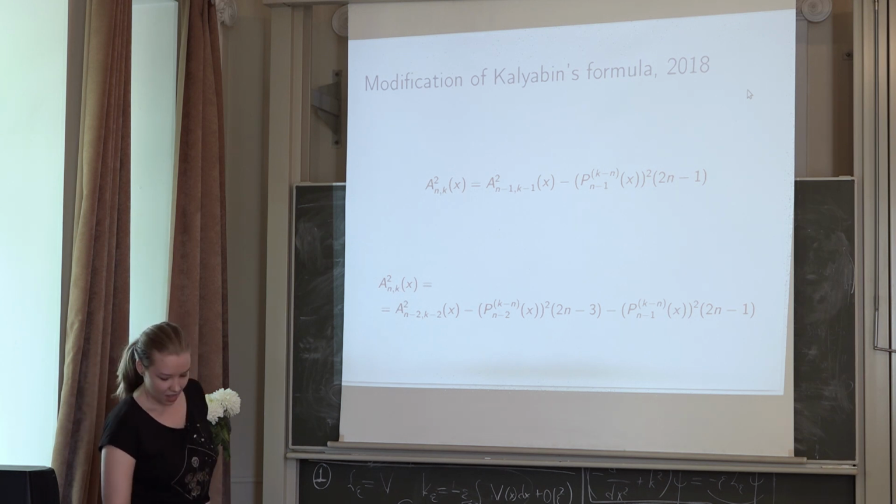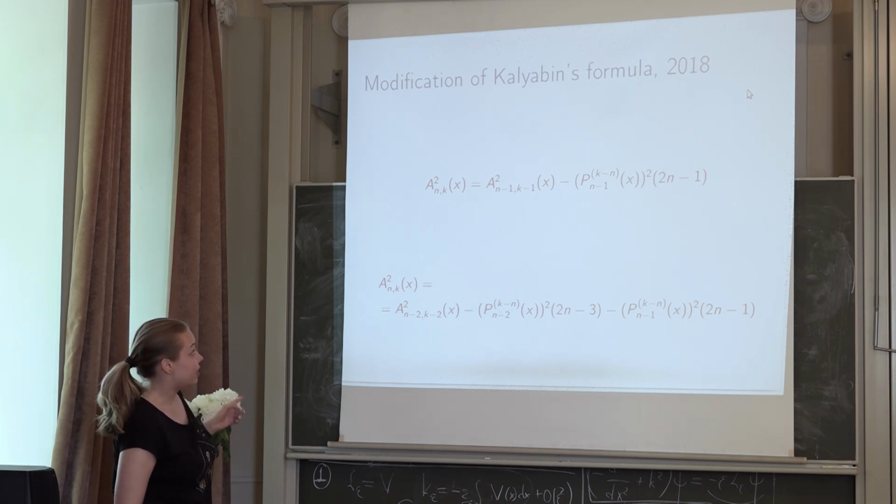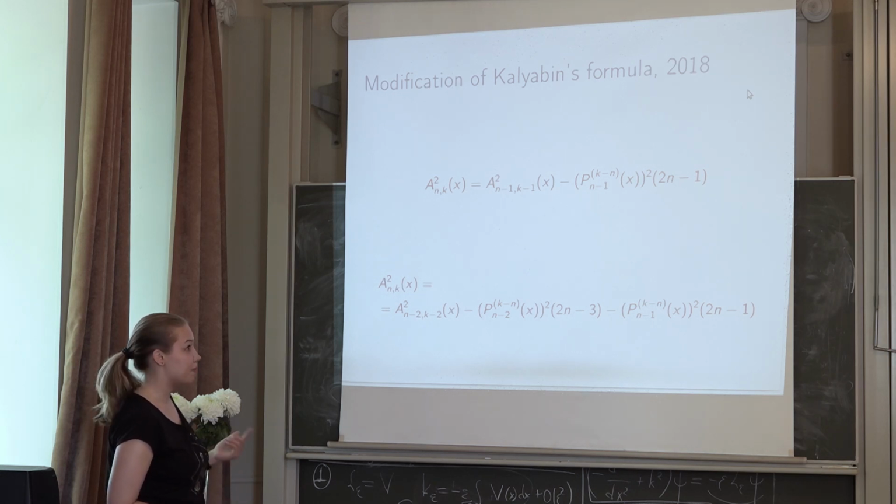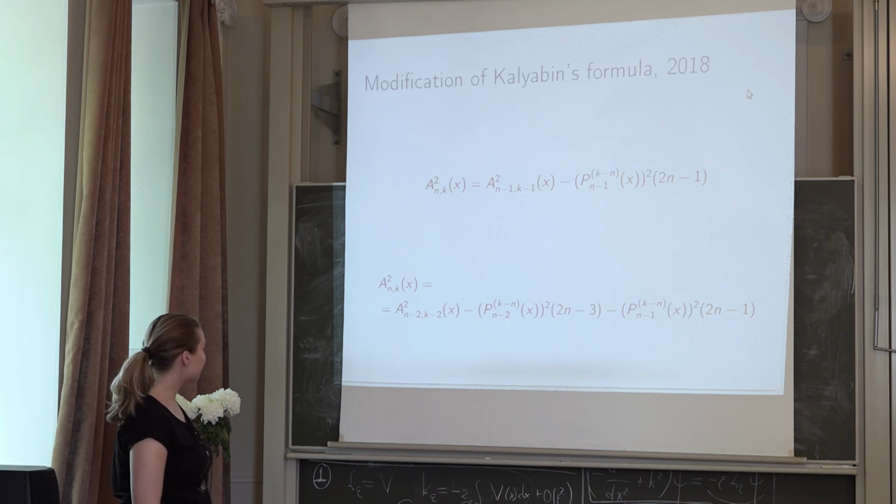So in 2018, we obtained A_{n,k} for k from 3 to 5. But when k is increasing, the problem of finding the maximum of A_{n,k} on the segment became much more complicated.